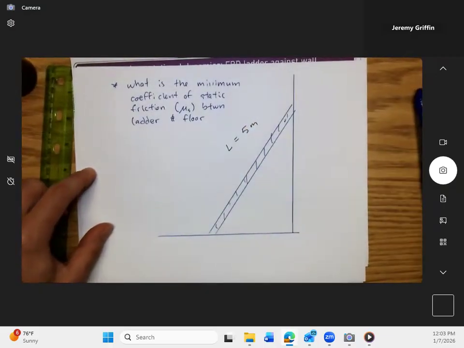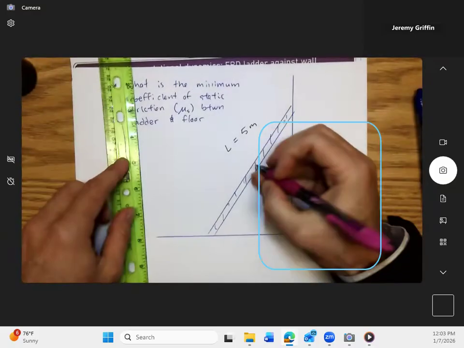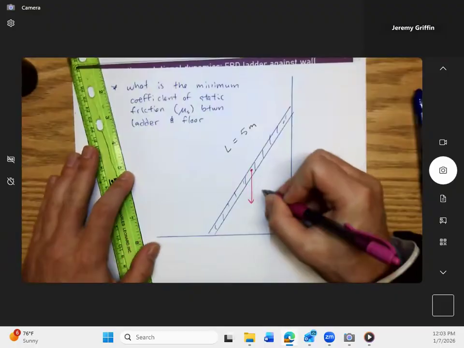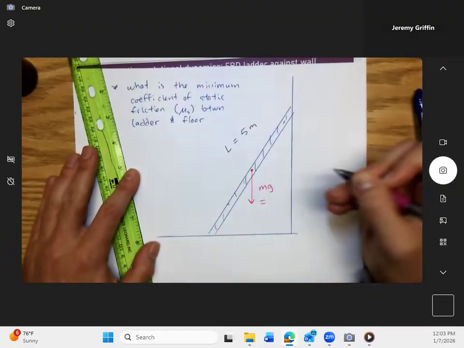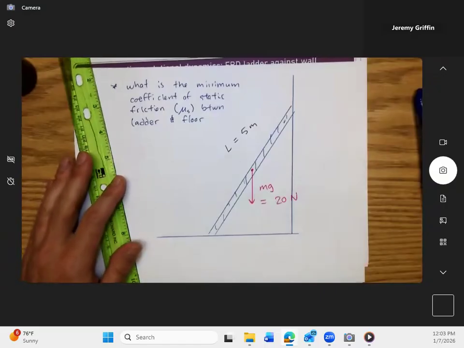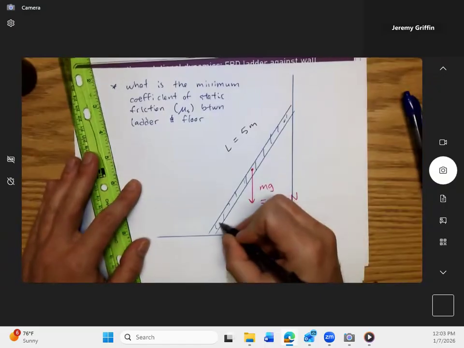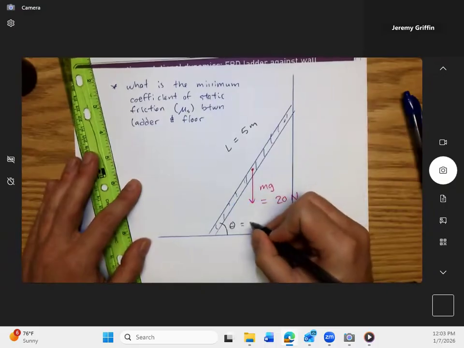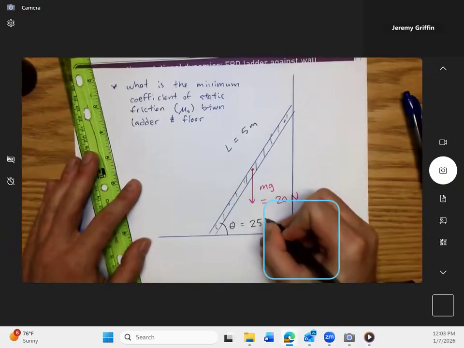Here, I'll draw you guys a weight vector. But let's say the weight of the ladder is 20 newtons. And let's say that this angle with the floor, call it theta, is like, how about 25 degrees?